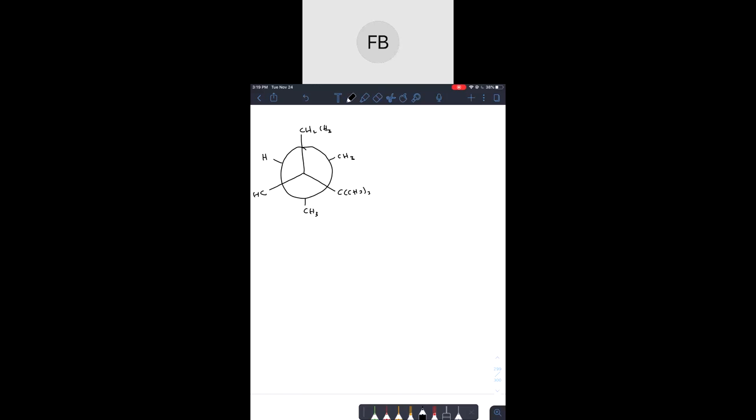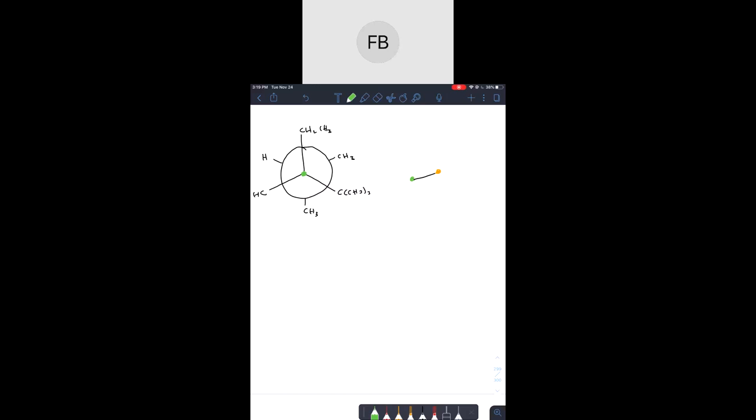You can try just for fun, but on an exam I would definitely suggest turning it into a bond line structure first. I like to start with my first two carbons: one carbon in green and one in yellow, the two carbons I'm looking down. This one right here is my green carbon, and the yellow one is behind.